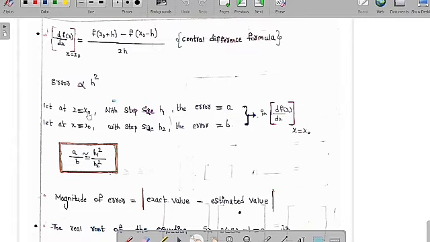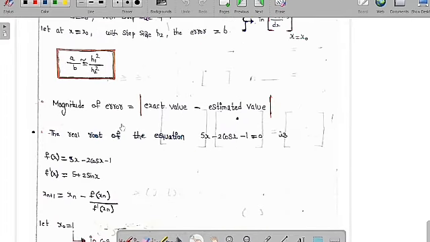And let at the same x is equal to x0 with step size h2, the error is equal to b. Then in df by dx at x0, what is the relation between them? I have already told you the error is directly proportional to h square. So the error for this one is a and the error for this one is b. It is directly proportional to h1 by h2 whole square. So like this we are going to get the relation.